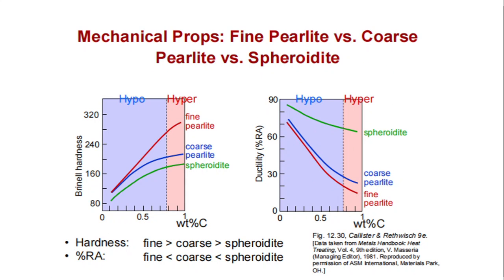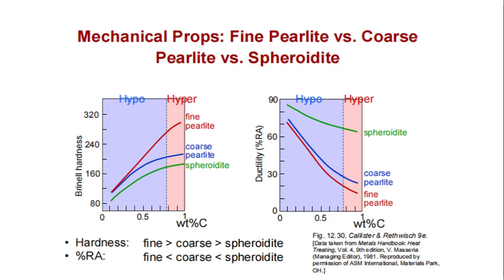So that is about the growth of pearlite from austenite. How are the mechanical properties affected? The interlamellar spacing is a very useful parameter that will determine the mechanical properties. If the interlamellar spacing is larger, we call the pearlite coarse pearlite, and if the interlamellar spacing is small, then we call it fine pearlite.